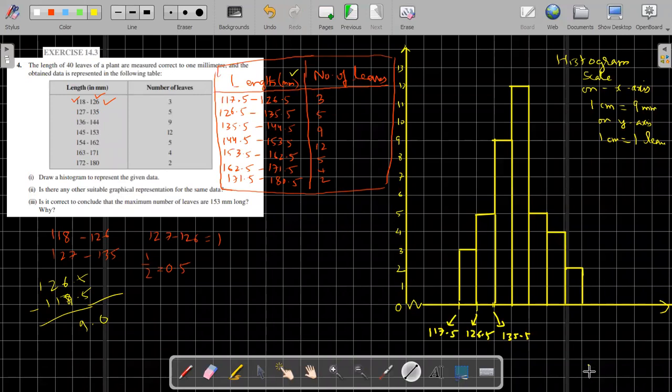Okay, and you should show what you are representing on the x-axis. We are representing length, so we will write here length in millimeters is represented here, and on the y-axis you will write number of leaves.